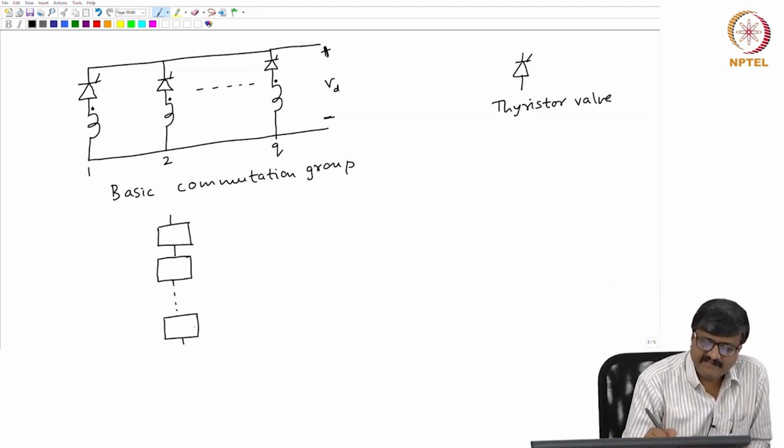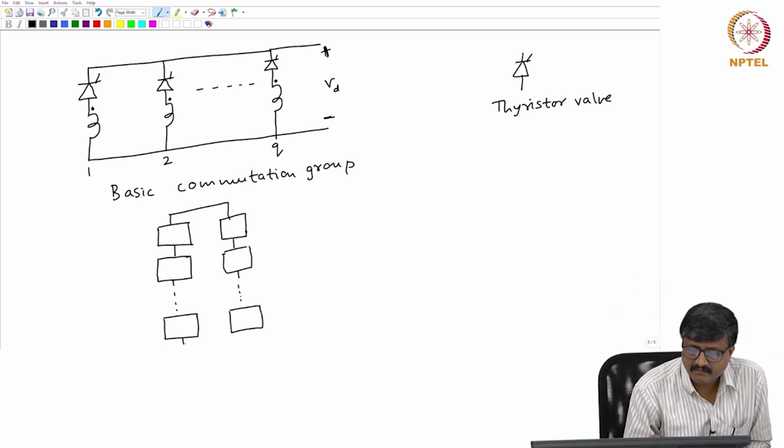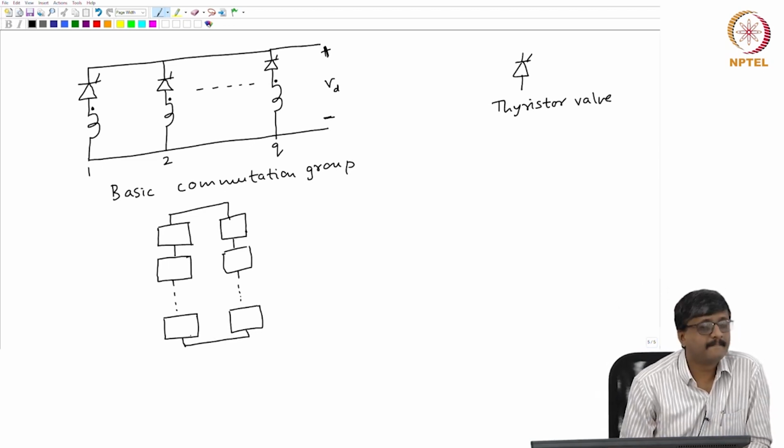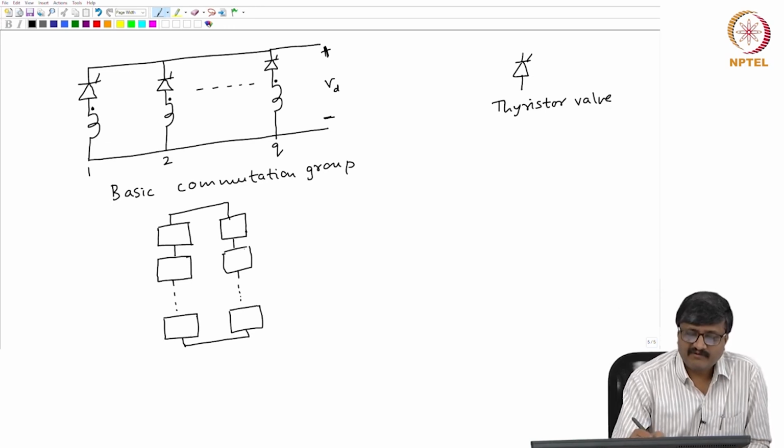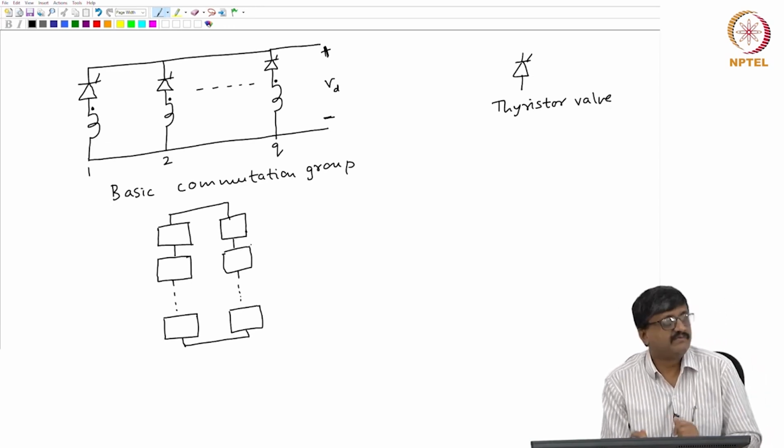Now, I take an identical series combination and connect it in parallel with the previous one. So, I have shown two such series combinations of basic commutation groups.